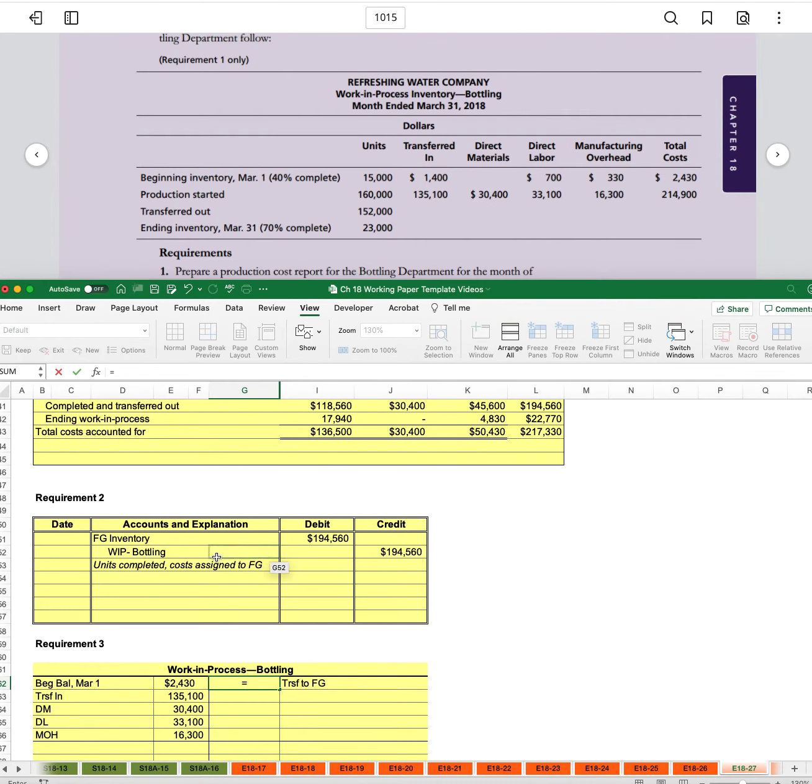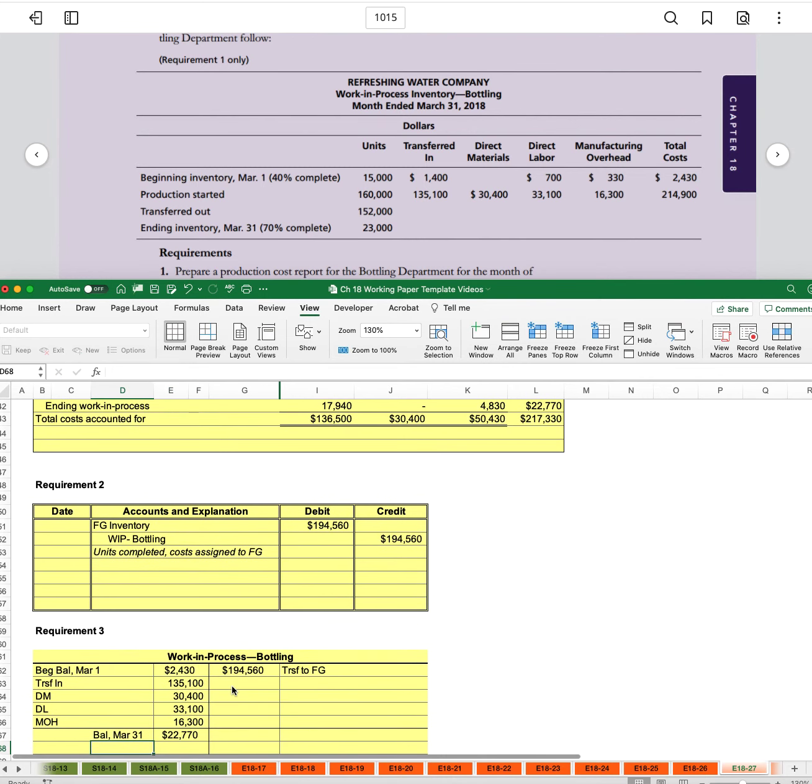And that was a credit for $194,560. And so that gives us an ending balance as of March 31. And let's do an open parentheses sum, and we'll add all of our debits together. Close parentheses, minus our credit, and close our second set of parentheses, for $22,770 for our ending balance.